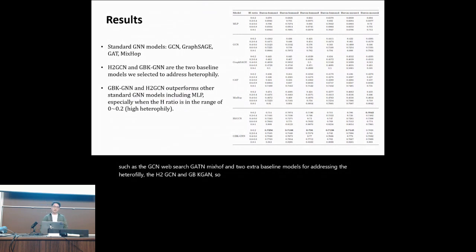In the table, you can clearly see that the results of GBK-GNN and H2GCN outperformed other GNN models, including the MLP, especially when the homophily ratio is pretty low, like 0 to 0.2, which means the heterophily is pretty high.